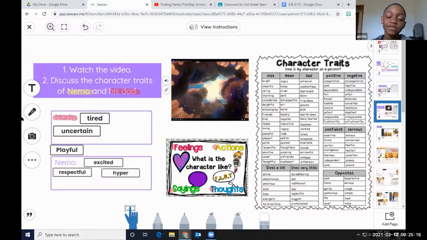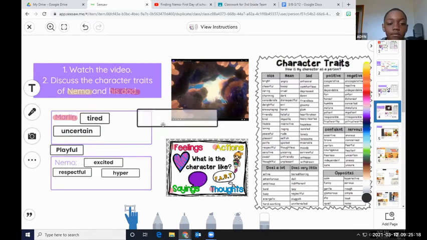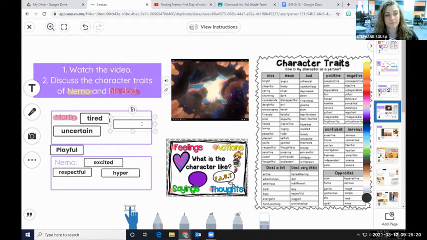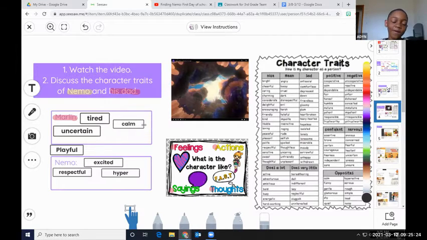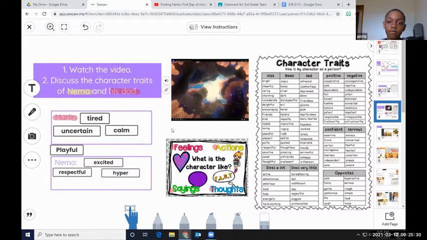Nemo's dad was calm. How do you know? So when he woke up, he was not like around everywhere. Yeah. So his actions and his behaviors in that moment. Very good.